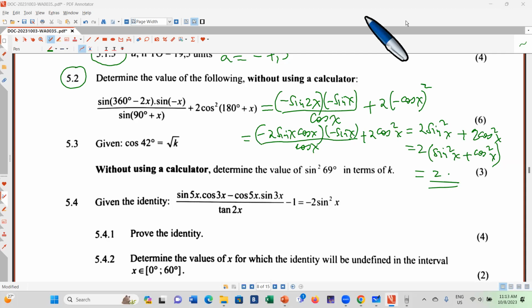This is strange, because I'm speaking about 5.3 and you are not able to see 5.3, right? You can't see it. All right. That's fine. I think it's just a network issue.